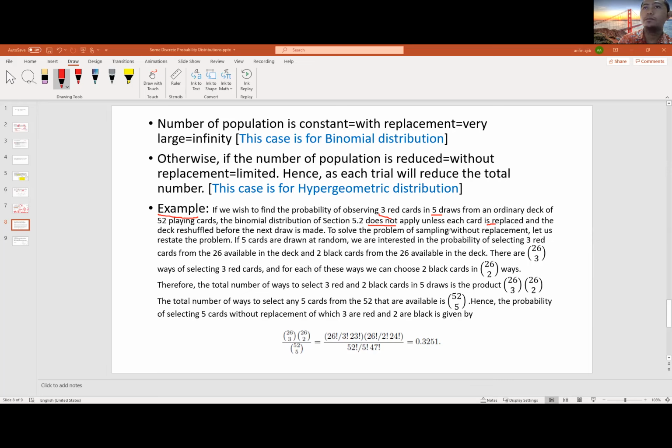To solve this problem, sampling without replacement, we keep the 3 reds.